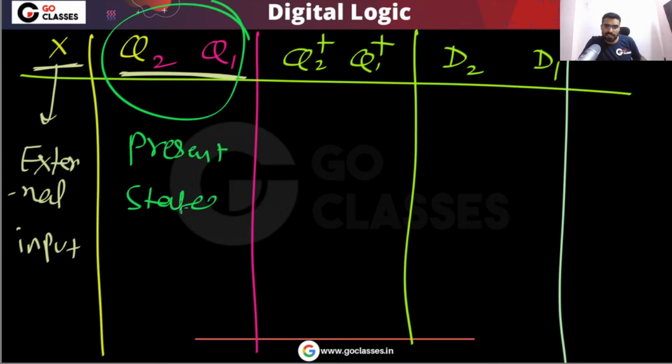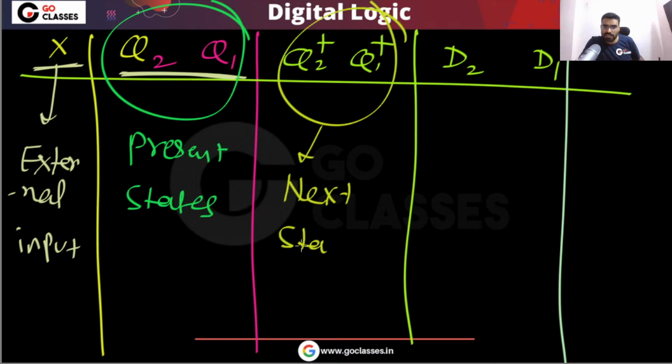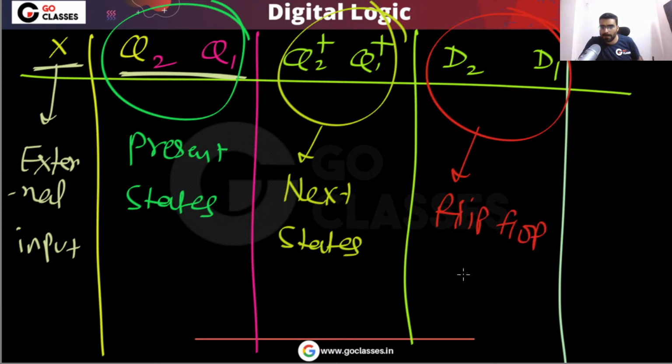These are the present states, and these are the next states. What will be the next states? And these are the flip-flop inputs. Okay, so now let's find out.